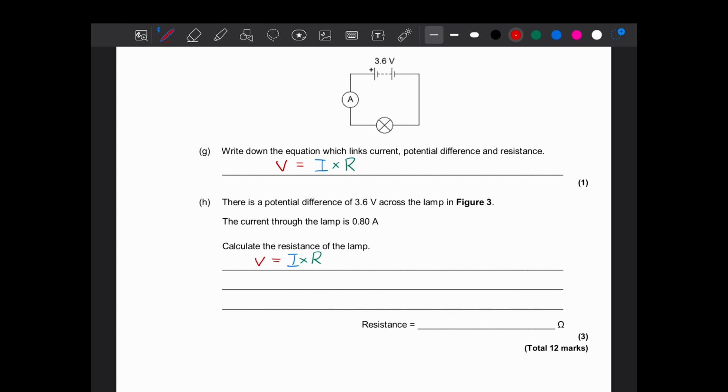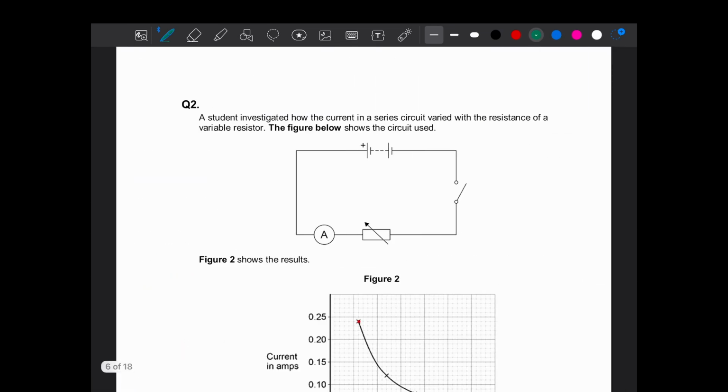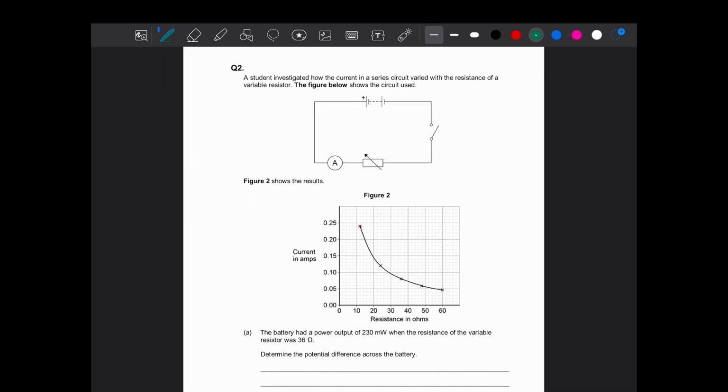So putting in the numbers that we've been given, a potential difference of 3.6, a current of 0.8 amps, and a resistance R that's unknown, this can then be rearranged to give us R equals 3.6 divided by 0.8, to give us a final answer of 4.5 ohms. Let's move on. Looking at question 2, if you would like to attempt this yourself, pause the video now.